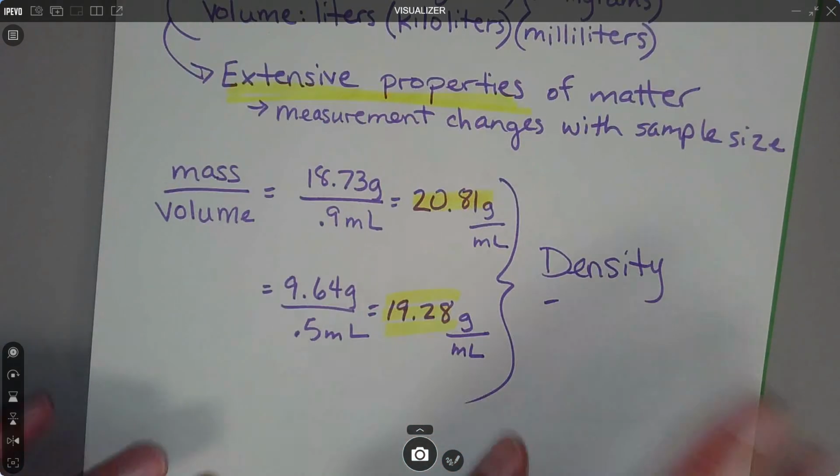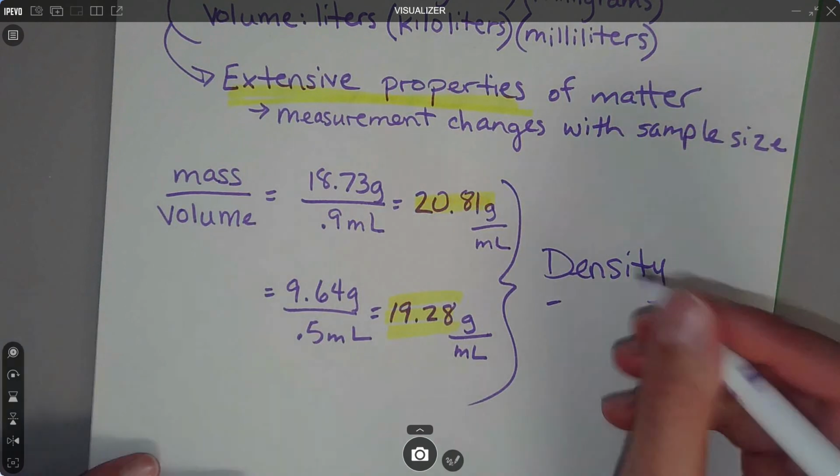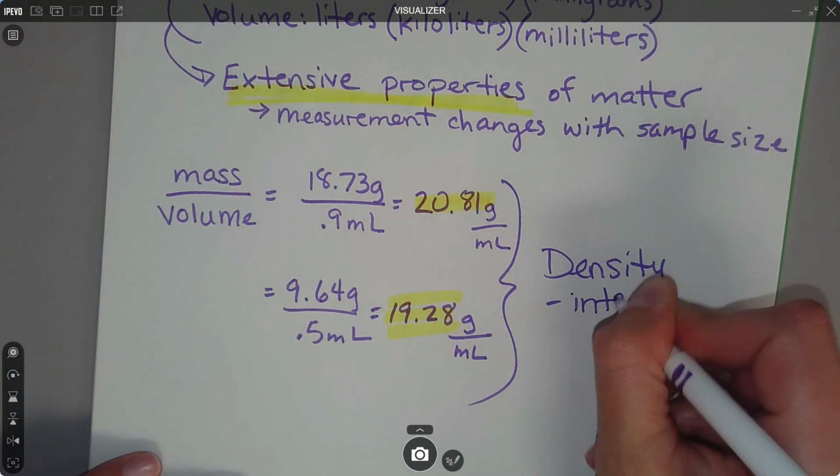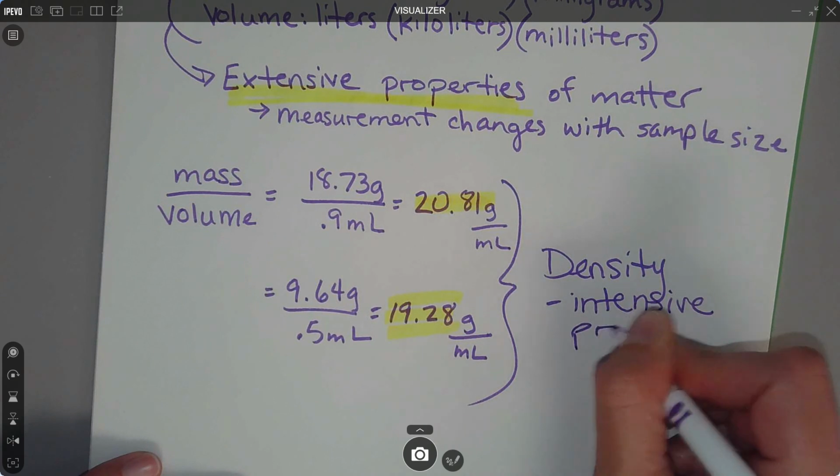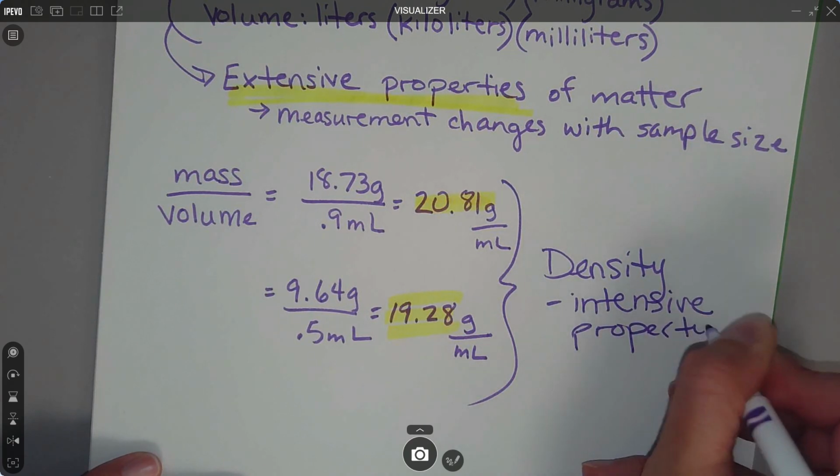So this is called an intensive property. Okay?